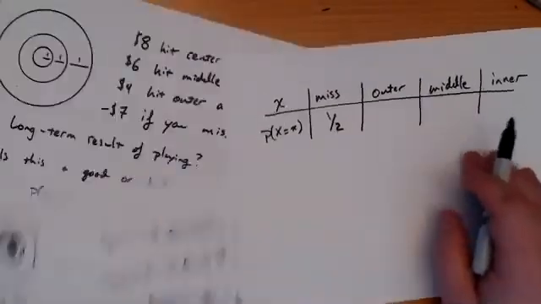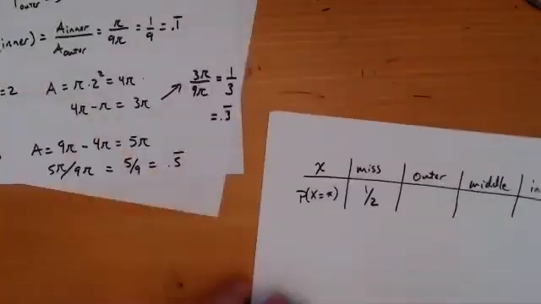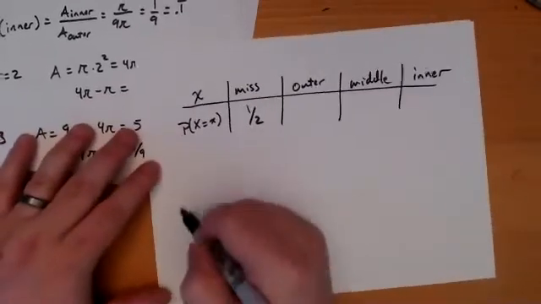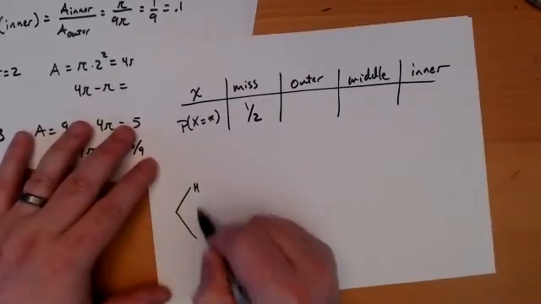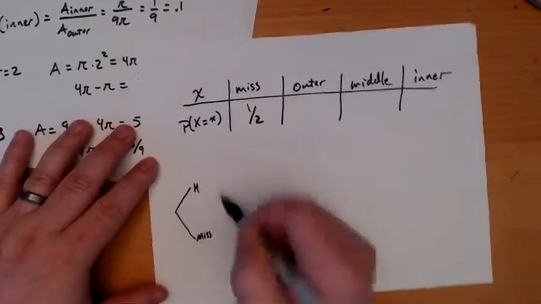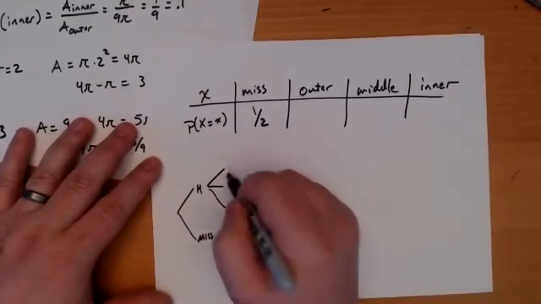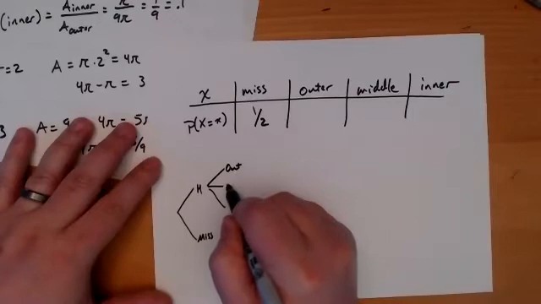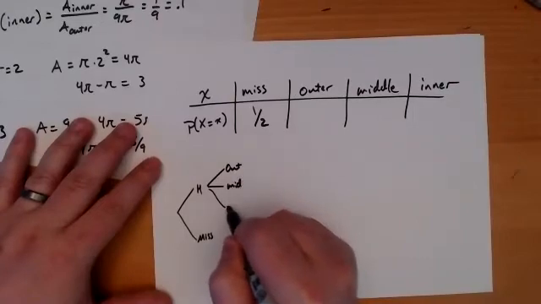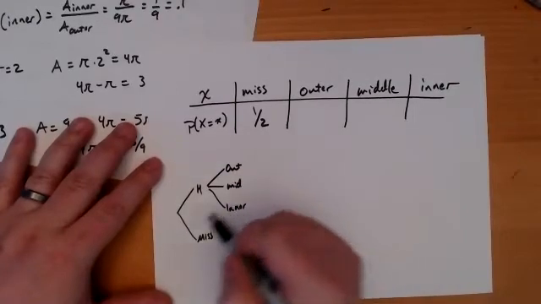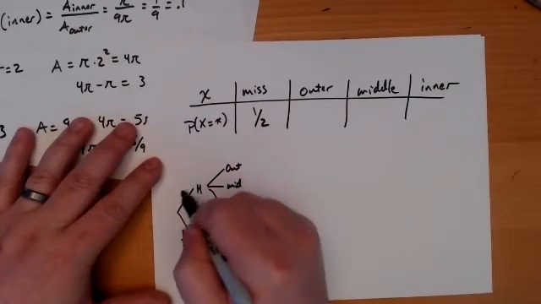So let's go back to that thinking that we had before, which was hit, miss, outer, middle, inner. This was 1/2 and 1/2.